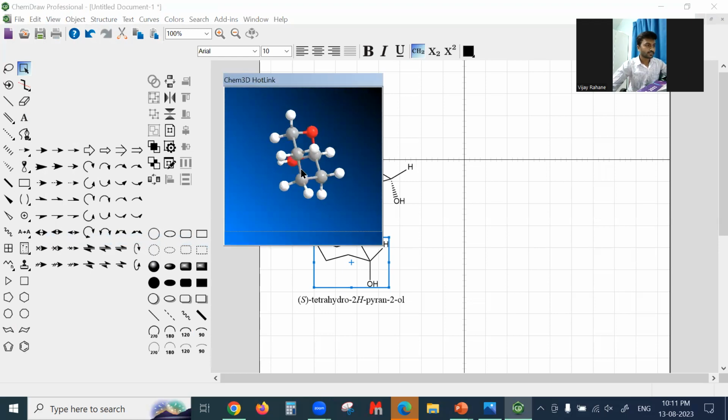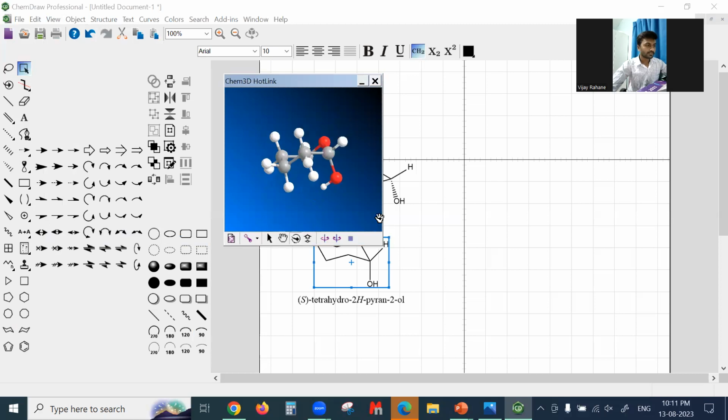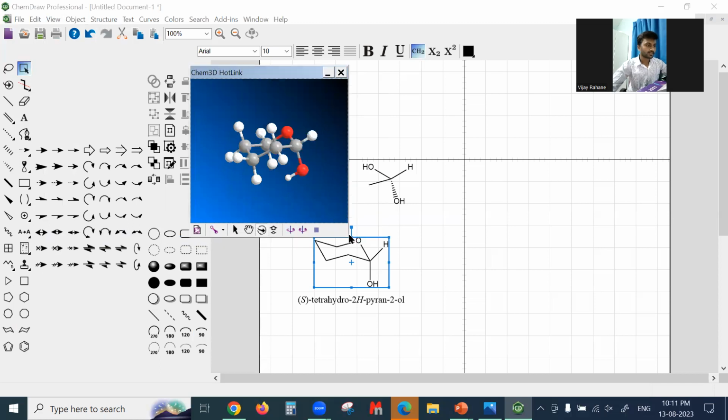Where is the molecule? See, this is the molecule. Let me just make it big. Hope you are able to see my screen.